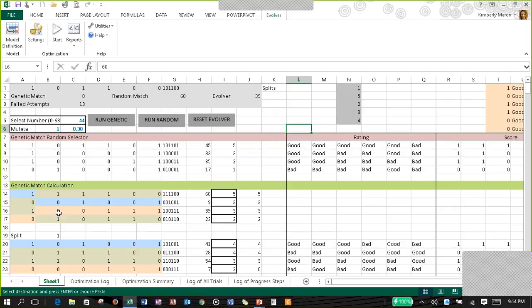Okay, so you can see this happening in rows 14, 15, and 20 and 21. So in cell 20A, we take the first position of our first guess, which was 14A, so that's a 1. And because we're splitting between cell 1 and 2, we then take the other cells from the second guess.